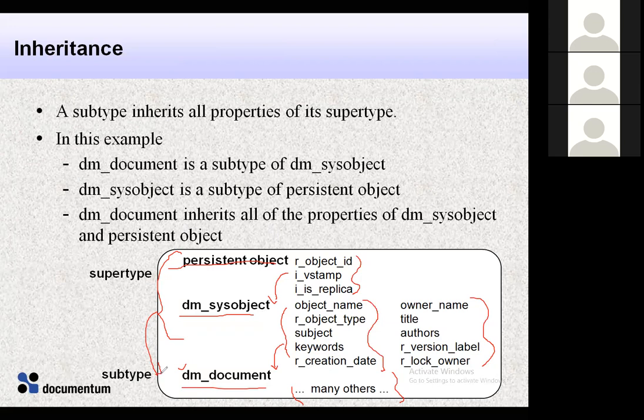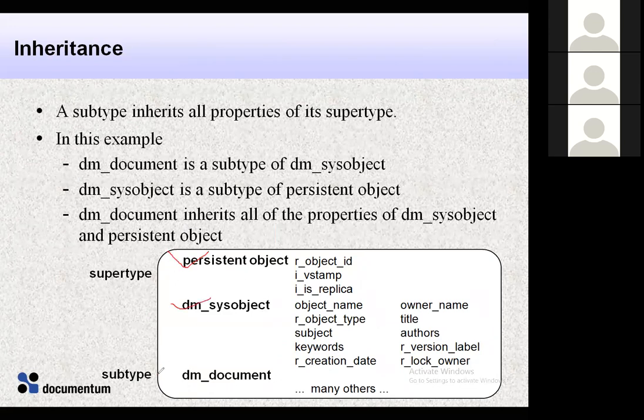Are you getting my point? These are fixed ones, sir? See, all of these are fixed. These are out of the box: persistent object, DM sys object, DM document. Just take an example: if you look at the attributes of DM document, it will have all these, because it is inherited.